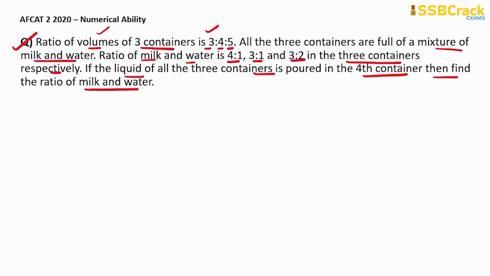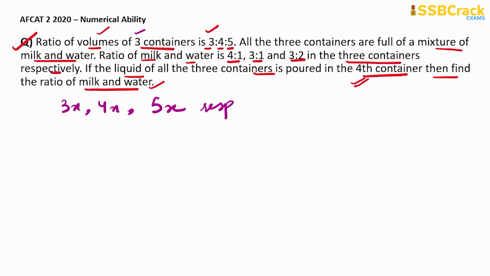And if we are pouring the whole liquid of the 3 containers in the 4th container, then we have to find the ratio of milk and water in the 4th container, right? So firstly we can let the volumes of the 3 containers be 3x, 4x and 5x respectively.